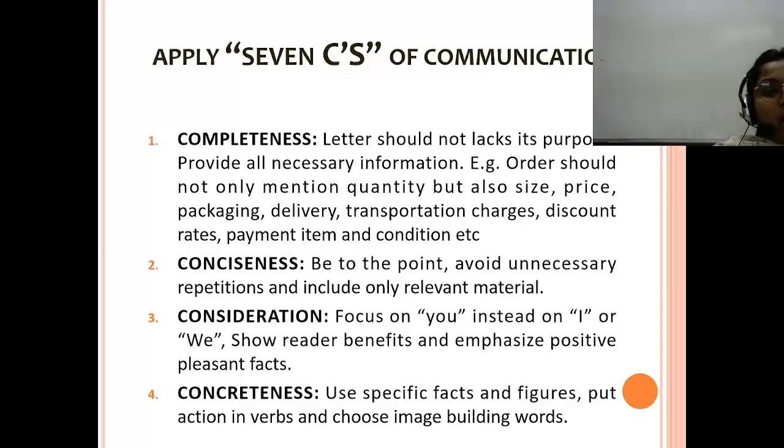When you write a letter, you are trying to convince someone to act or react in a positive way. Your reader will respond quickly only if your meaning is crystal clear. Put yourself in the reader's shoes and write in a friendly and helpful tone.